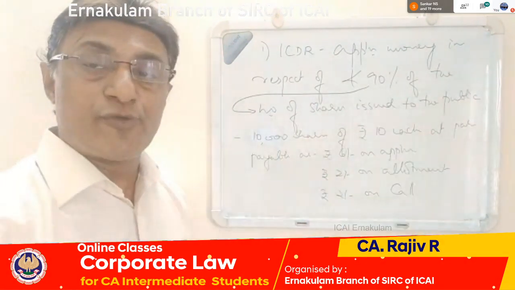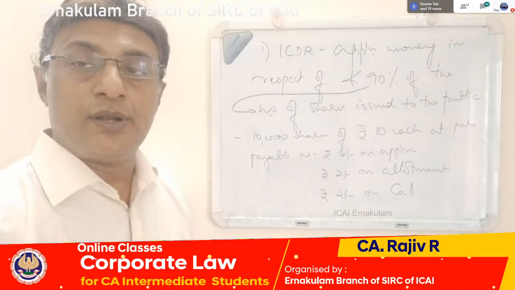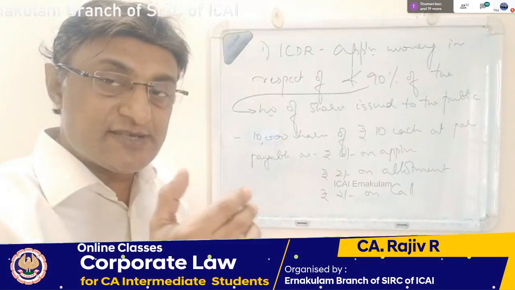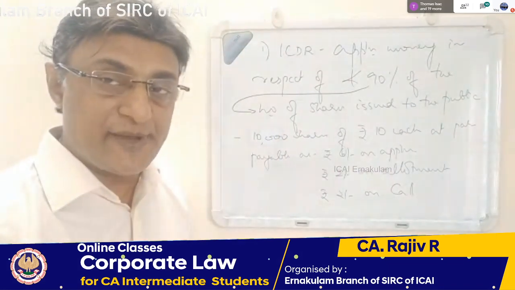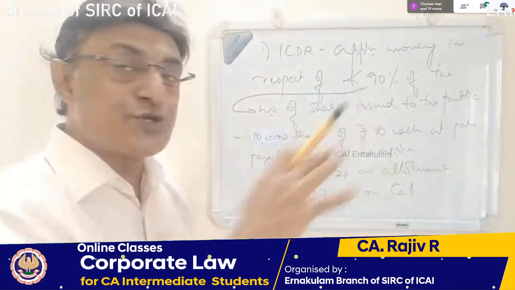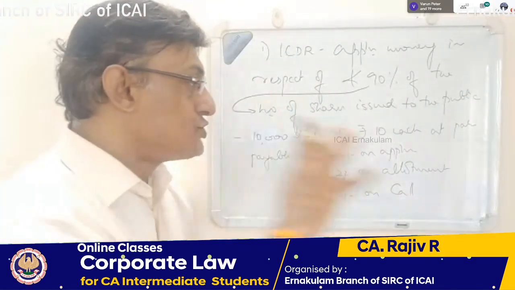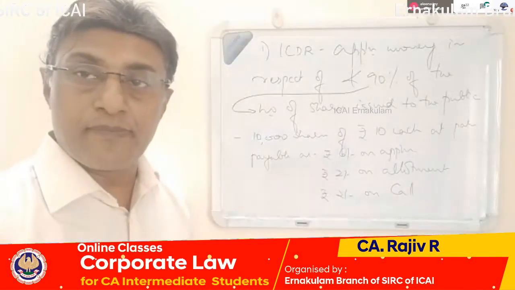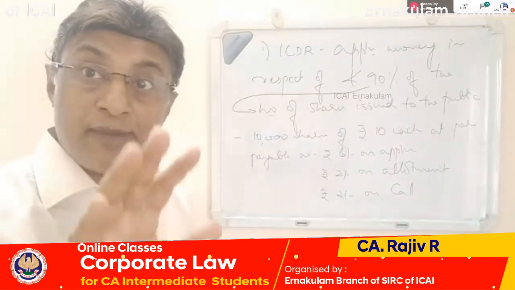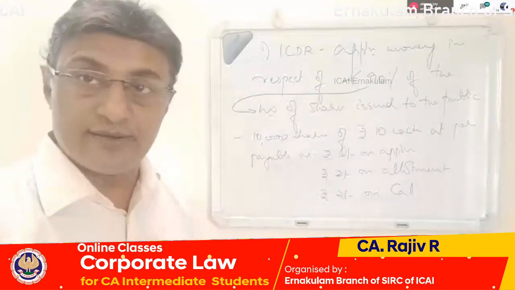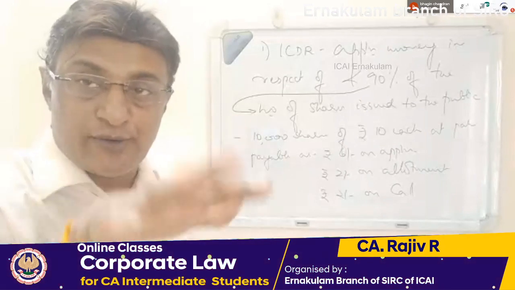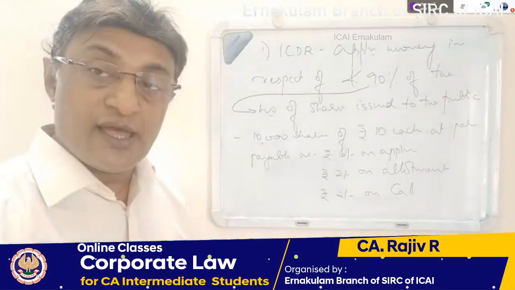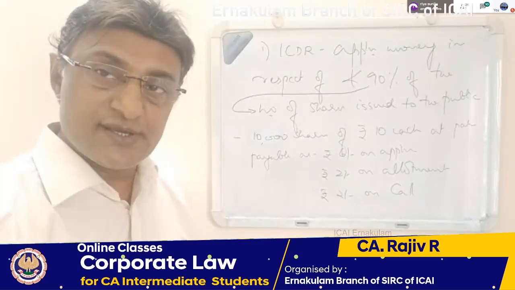So 10,000 shares are issued of rupees 10 each at par, for which the amount payable is fixed in the prospectus by the company as 6 rupees on application, 2 rupees on allotment, 2 rupees on call. I'm just using numbers. By the way, I hope you have your calculators ready. I told you in my class, don't avoid the calculators. Of course, not much of astronomical calculations.